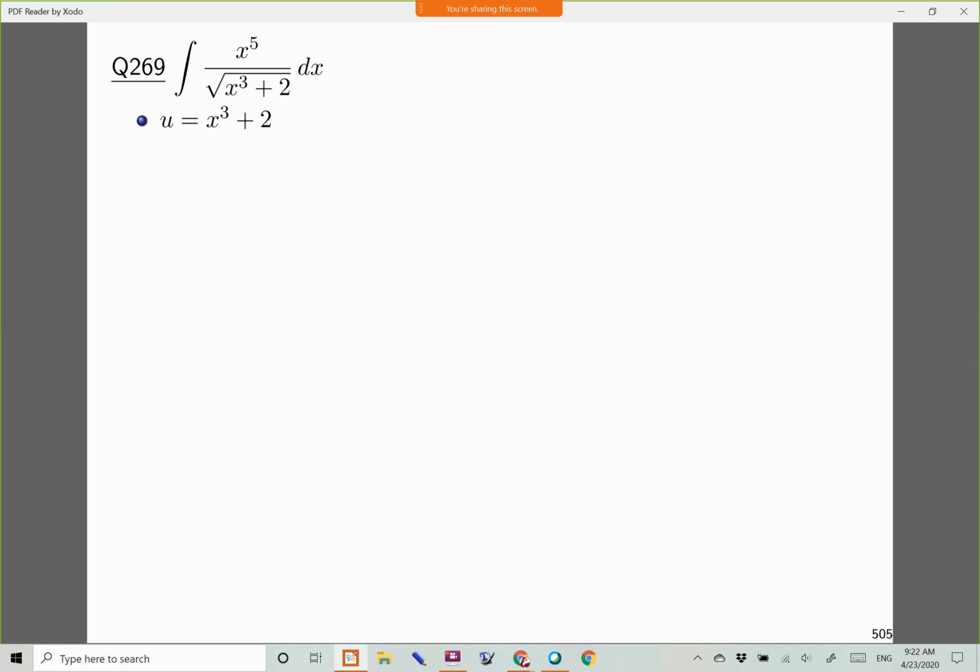U is equal to x cubed plus 2. And the problem is the integral of the fraction x to the 5th over the root of x to the 3rd plus 2. So you'll notice, like the other two questions, I picked for you the stuff inside the radical, not including the radical, just the stuff inside the radical.